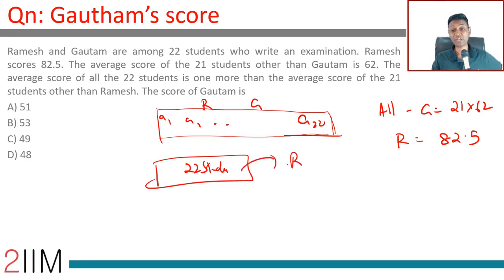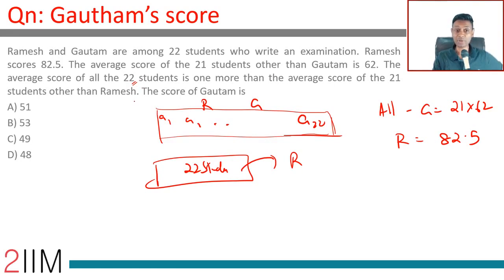From here, Ramesh leaves. Then the average falls. So when 22 students are there and Ramesh leaves, the average falls.